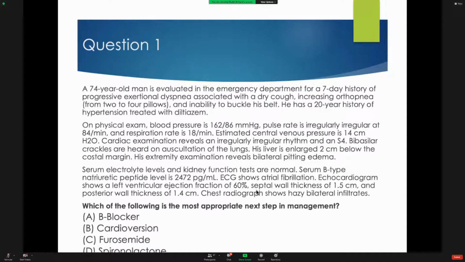Regarding the diagnosis here, the ejection fraction is 60%, so this is heart failure with preserved ejection fraction, not reduced ejection fraction. The septal wall thickness is 1.5 centimeters, and the posterior wall thickness is 1.4. The normal wall thickness of the heart is less than 1.1 centimeters.